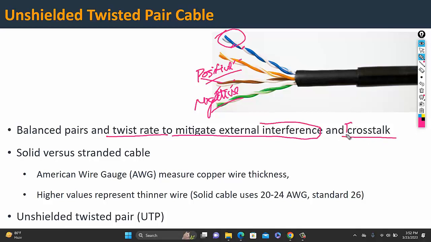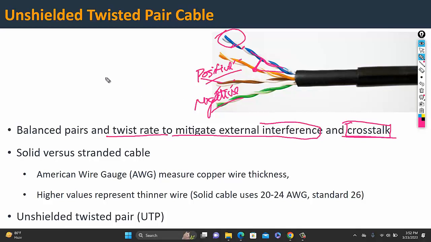So what is crosstalk? Crosstalk means when your data is going in this cable and it affects the data in other wires.